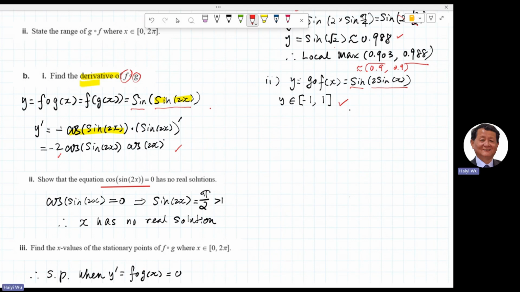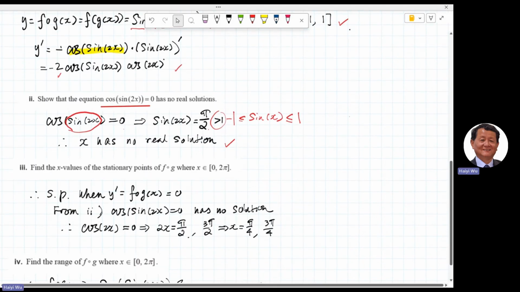If that is equal to 0, this value has to be pi over 2, because cosine pi over 2 equals 0. So sine 2x equal to pi over 2, which is greater than 1. We know sine, regardless of x value, is always less than 1 and greater than -1. So it's less than 1 but it's greater than 1. Therefore, there is no real solution.